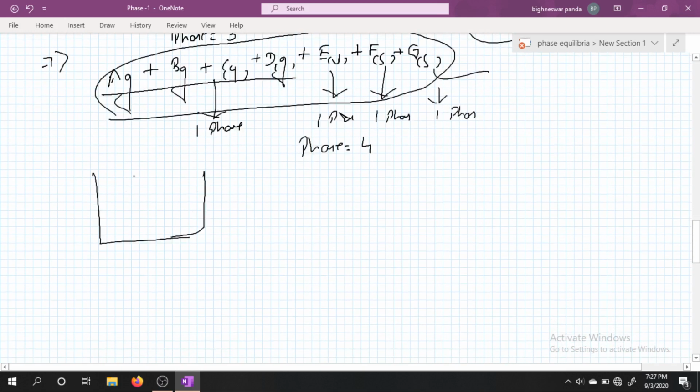If I am given a diagram like this, consider C2H5OH is present, here CCl4 is present, and here water is present.